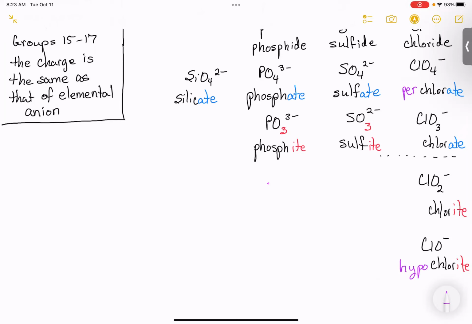So ClO minus is hypochlorite. That's how we distinguish the fact that we have a family of 4.